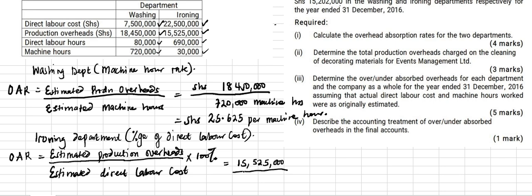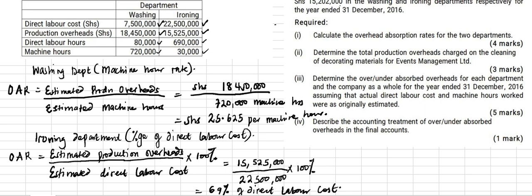When you get the overheads over the estimated direct labor cost, you come up with 69% of direct labor cost. So those are the overhead rates in the two departments, that is the washing department and then the ironing department.